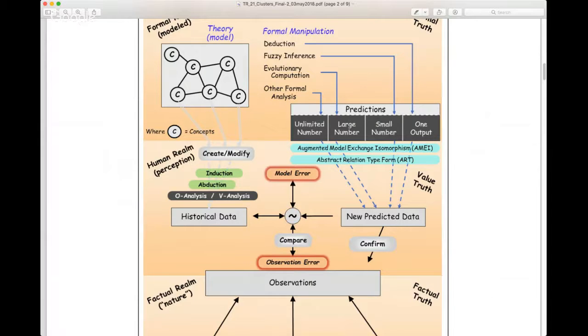It's a kind of preliminary step in the selection process. It really doesn't give you a final answer. And of course, other formal analysis methods will give you an unlimited number of predictions, and there's many other models and logic methods, and so forth.